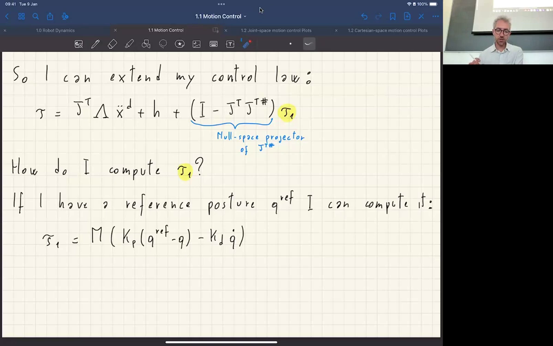A little note. Here, I don't need to compensate for the bias forces, so I don't need the plus h because I have a plus h already there. So if I compensated for that in tau 1, I would compensate for it twice. This is not what I want. However, this is because I'm using here the simplified version of the operational space control.